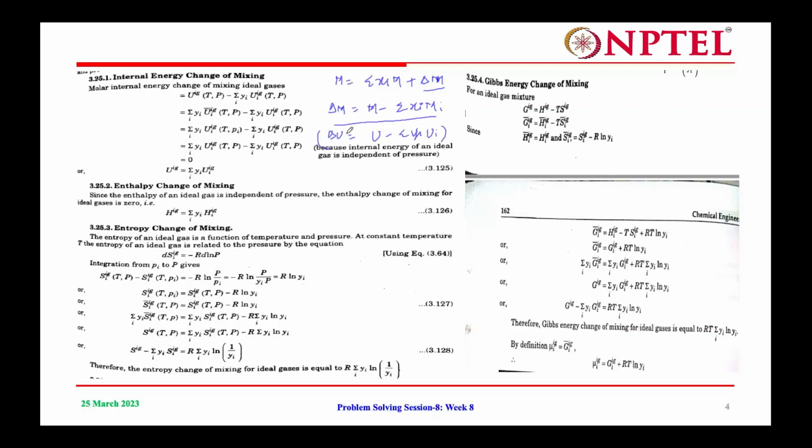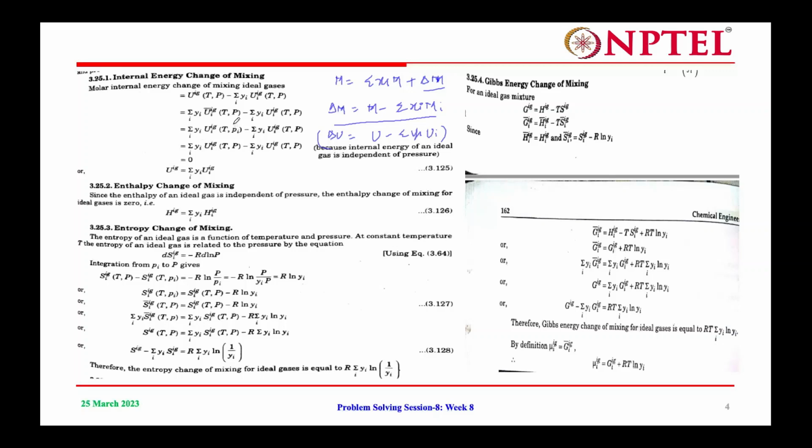So you will get U^ig at T, P minus summation of yi Ui at temperature and pressure. So you can write these terms as summation of yi Ui^ig bar at temperature and pressure minus Ui^ig at temperature and pressure.